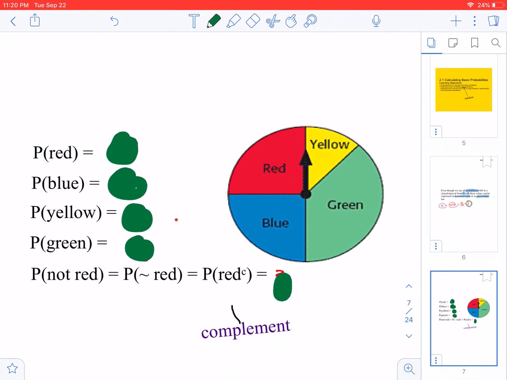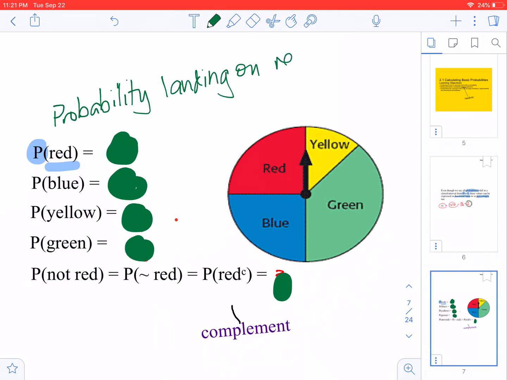All right, let's look at a spinner here and look at how we write out probabilities. First of all, note the letter P and then after it in parentheses. This means what is the probability of landing on red? All right, and if we look at the picture, we see that 1/4 of the circle is pictured red, so 1 out of 4.